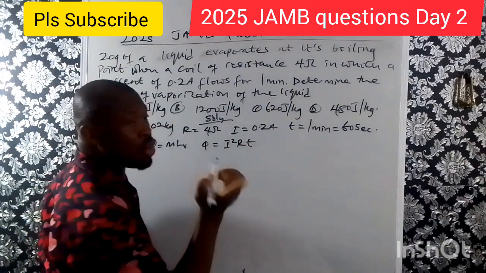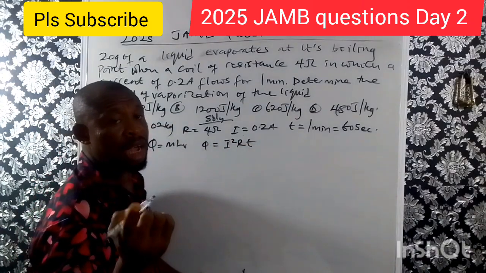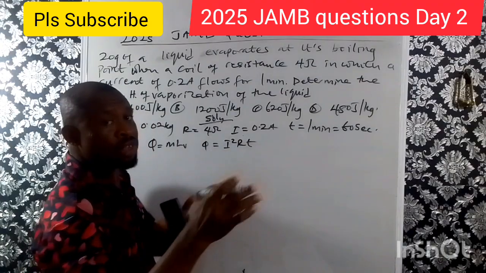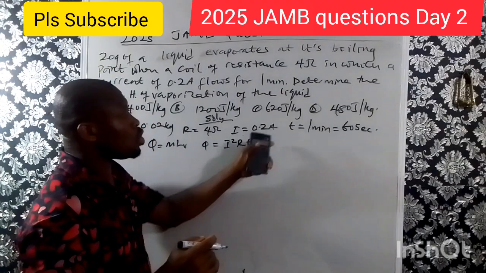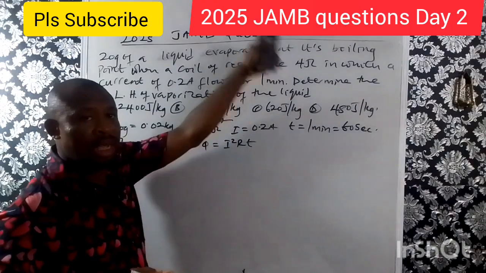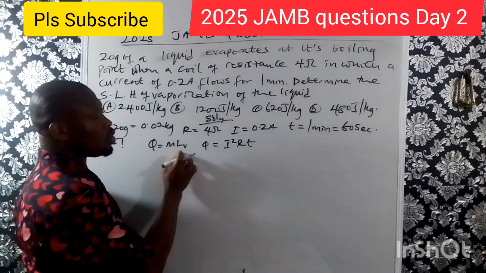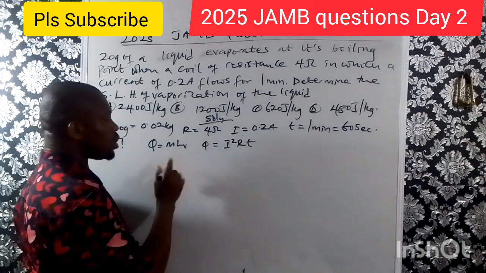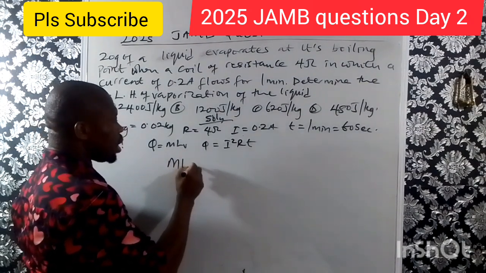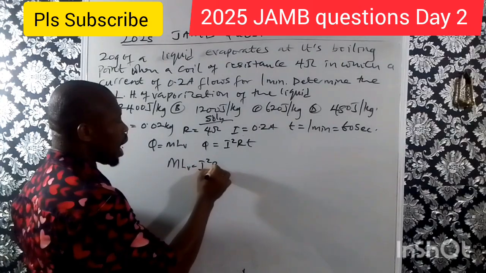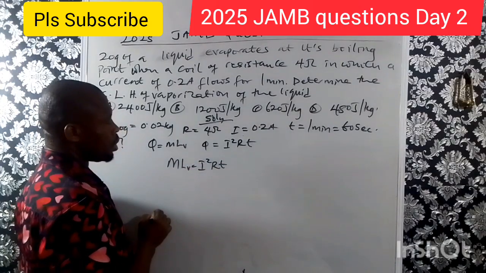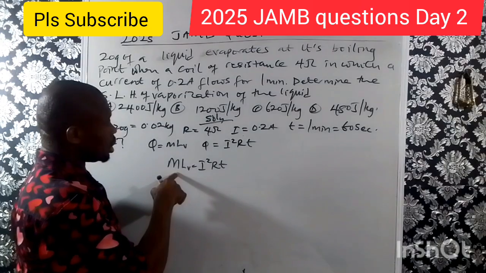You can also say Q is equal to IVT, but if you start going to IVT, it will take us a long journey. So because Q is equal to this, we can equate mLv is equal to I squared RT.